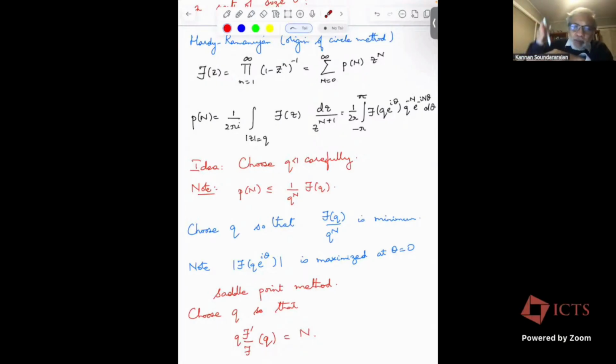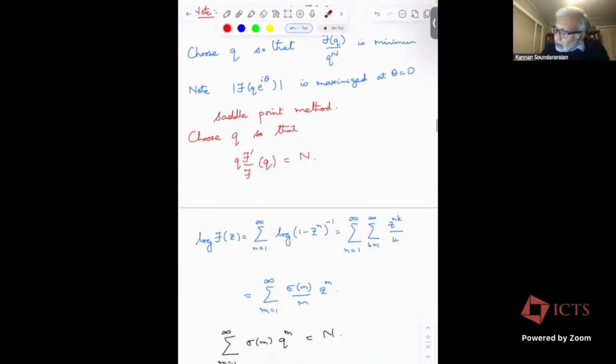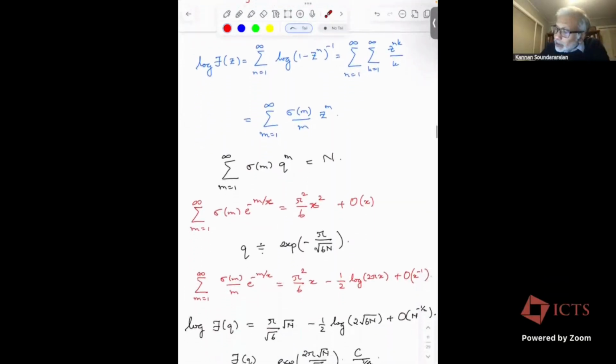But if you think of what happens as the angle varies for that value of q, it's going to take a maximum there. So in other words, you're going to get a saddle point. As you vary the real parameter q, you're going to get a local minimum. And as you vary theta, you'll get a maximum at theta equal to 0. Okay, so that's why it's called the saddle point method. The point that you get is a saddle point for this function. So let me give you a few more details on this.